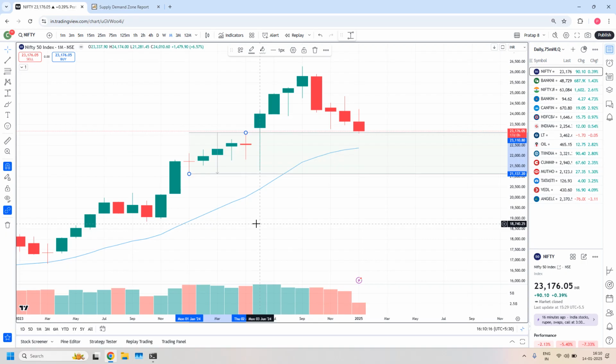Because sometimes our analysis might also be wrong. Even if our analysis goes wrong, with a very minimal or negligible loss, we will exit out of the trades. So that way we are always safe. That is the reason why we won't panic when something is happening in the market. We stick to our fundamentals.